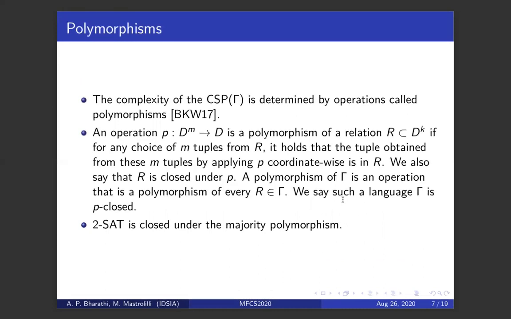And to understand this, we must look into the complexity of CSP of gamma, which is determined by operations called polymorphisms.